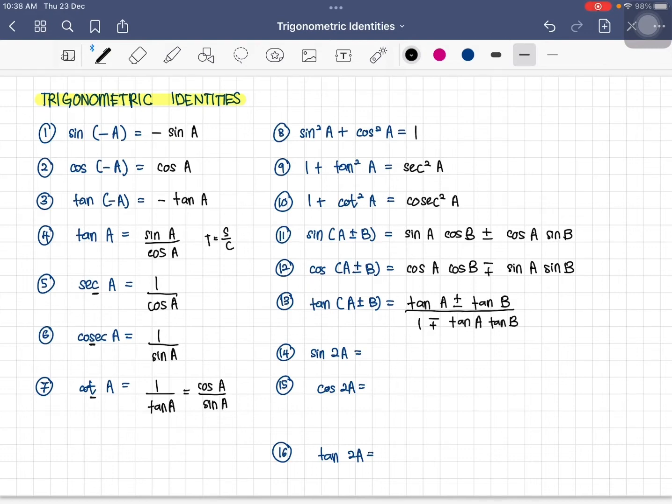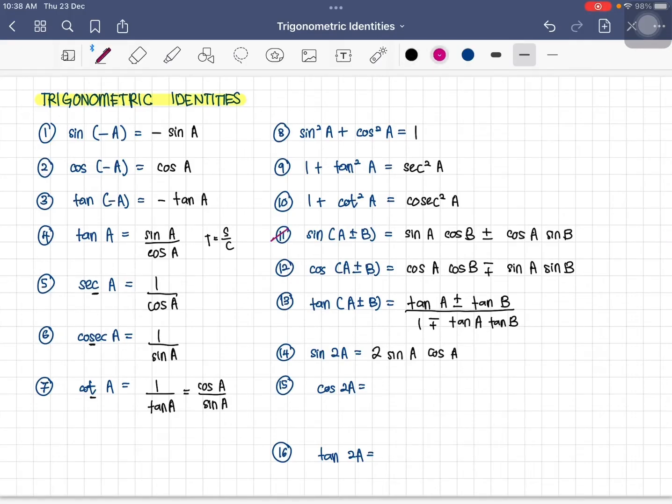And then using the formula from 11, if both of them are a, we will have sine a cos a and cos a sine a, so we add them together. So sine of 2a will give us 2 sine of a cos a, using equation number 11.